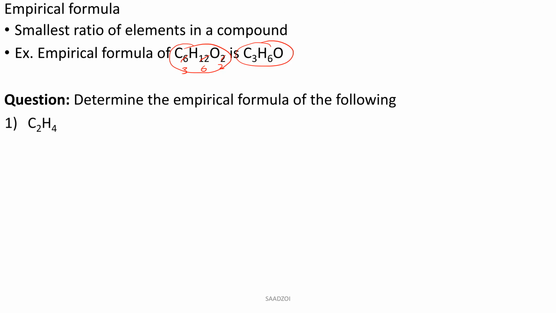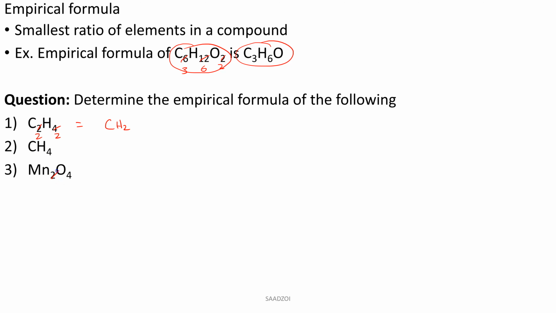All right, let's determine the empirical formula for a couple of them just to make sure you understand the concept. Here, divide by 2, you get CH2. For this one, notice you can't divide by 1 or 4 to get a different value. So this is your empirical formula. It's your smallest ratio. You can't get decimals for this.